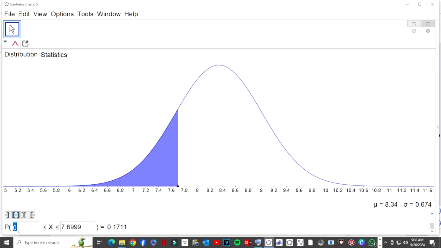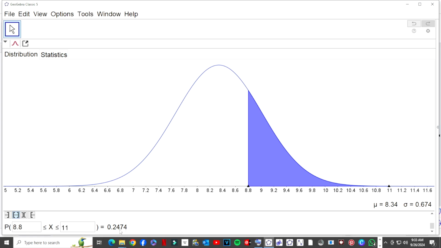I will put here 8.8, and then for the upper limit, we see that 10.6 almost flattens, almost makes the probability stable. So I would use 11 for convenience, and we see that the probability is 0.24, which is rounded off to 25%, and that probability is this part. So the probability that 25% of these women have fingers longer than 8.8 is represented by the shaded part of this area.